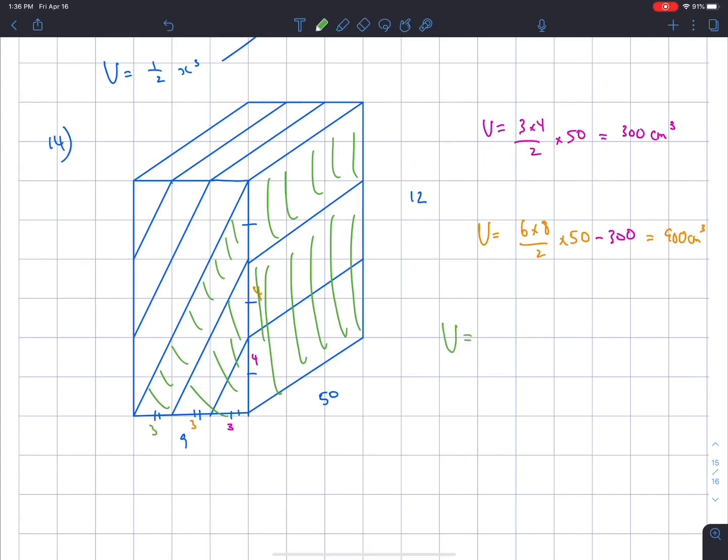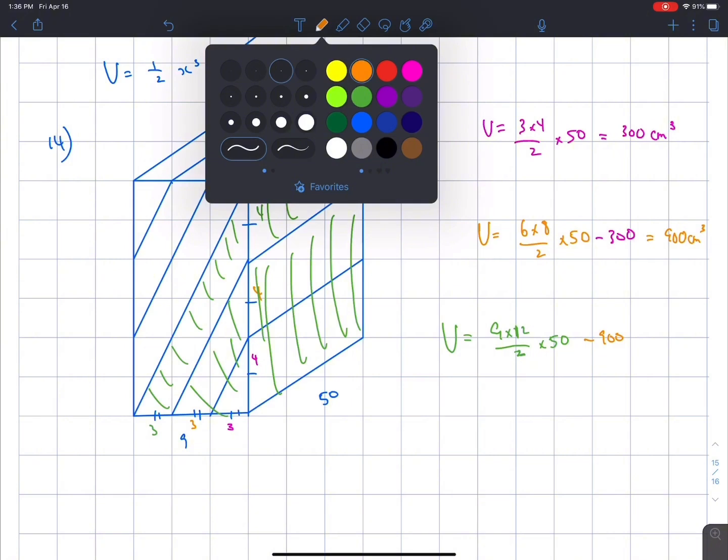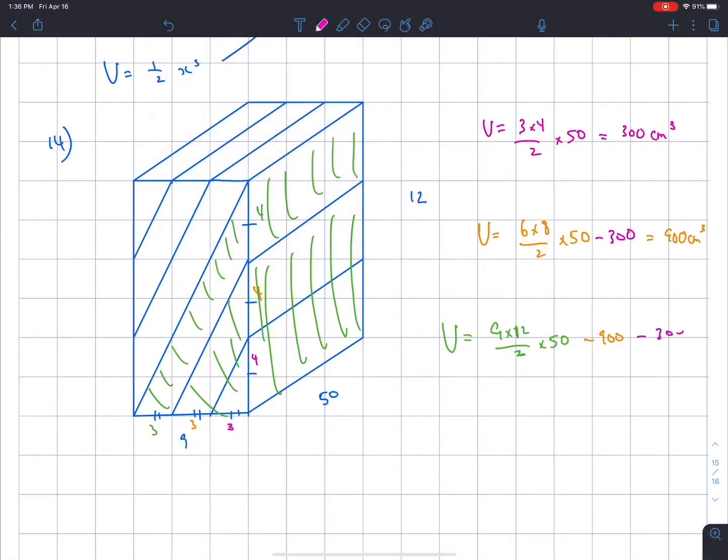So that's also a 3, that's also a 4. So I just have 9 times 12 divided by 2 for the entire base area, which is a triangle. And then times the height, minus 900, minus 300. And that will give me the green piece.